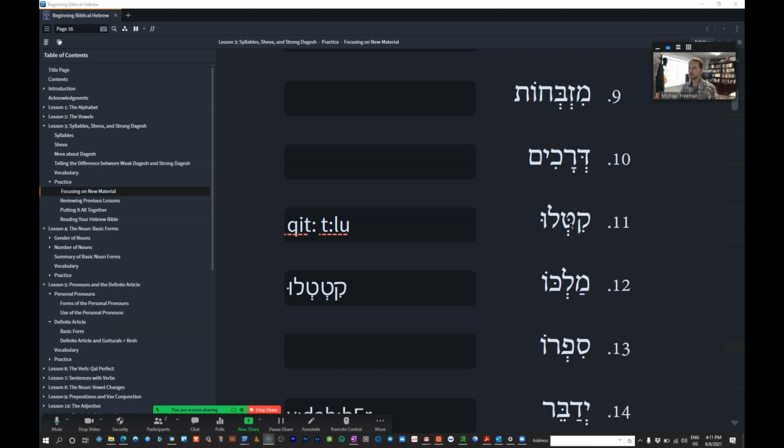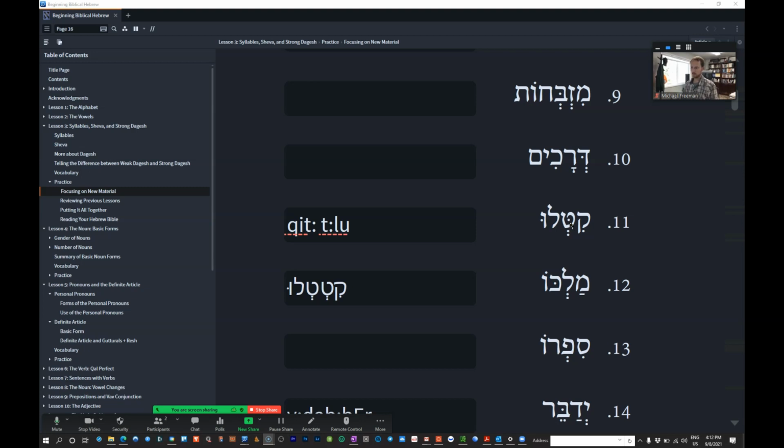So we've learned that there are 2 kinds of what we might call Dageshim. There are the strong Dageshim, which double a consonant, and there are the weak Dageshim that only appear in a Beit, Gimel, Dalet, Kaf, Pei, and Tav. There are only 6 letters that a weak Dagesh will appear in.